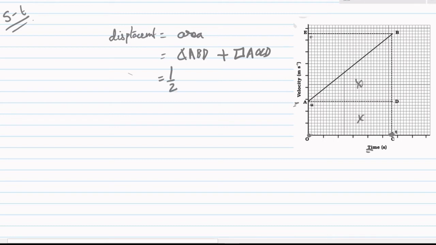Can I write the base as AD? Yes. Into height is nothing but BD. Plus area of the rectangle is nothing but the product of two sides. That is, I'll write it as AO into OC.